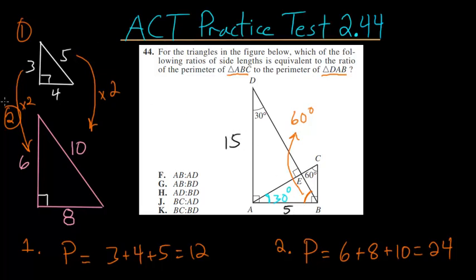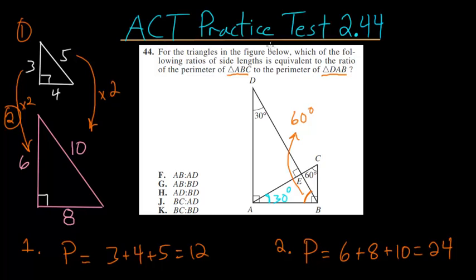And based on what we noticed with these two similar triangles, we can also conclude that the perimeter of this big triangle would be 3 times the perimeter of the smaller triangle. So whatever ratio the side lengths have, these corresponding side lengths, the perimeters would have the exact same ratio.